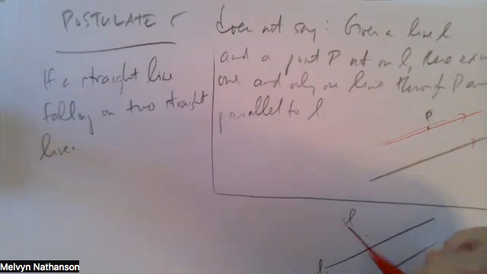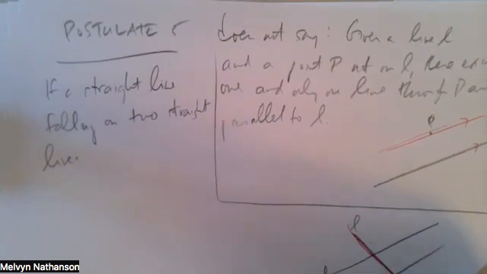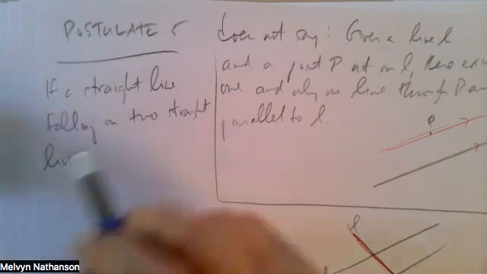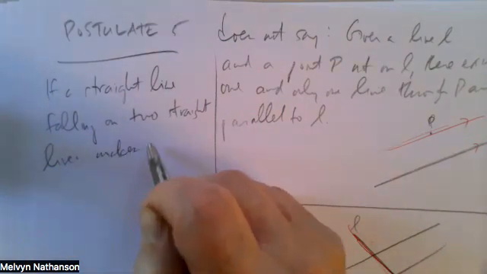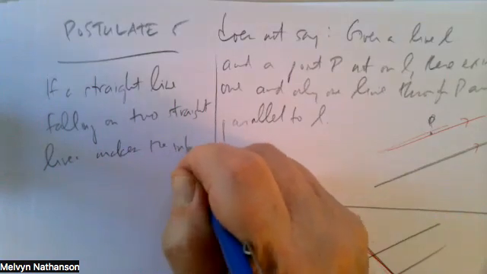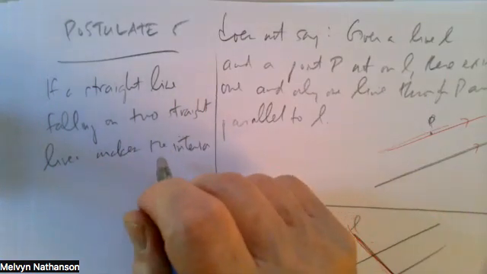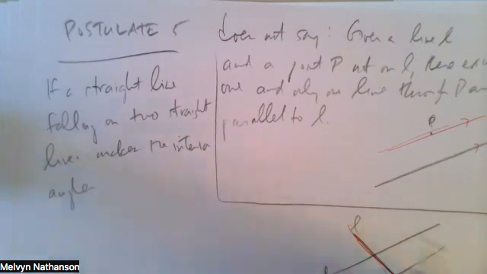So this red line is falling on, or if you like, intersecting these two lines. So if a straight line falling on two straight lines makes the interior angles, when you have a line falling on two straight lines, there are four interior angles. This, this, this, and this. They're the angles between lines L1 and L2 created by this line L falling on L1 and L2.